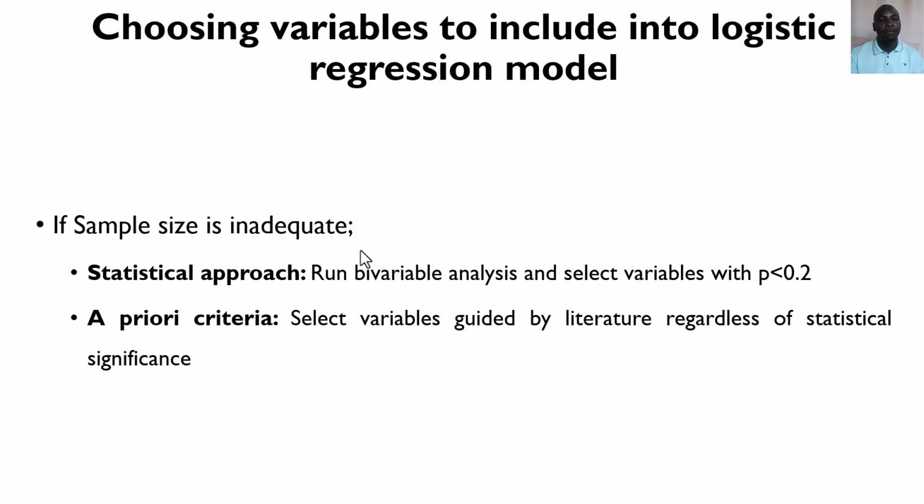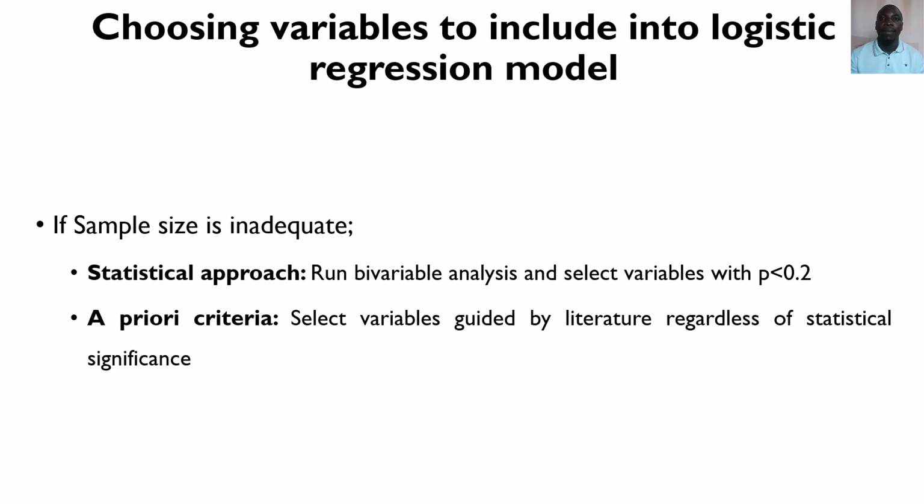We also have what we call the a priori criteria, where you select variables guided by literature regardless of the statistical significance. This is commonly termed logical model building. You don't allow the software to dictate for you what to retain or what to drop.